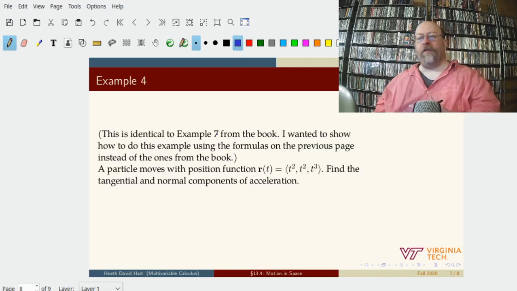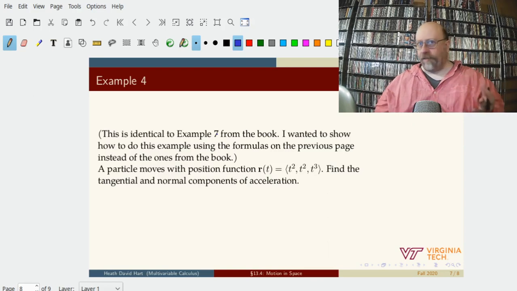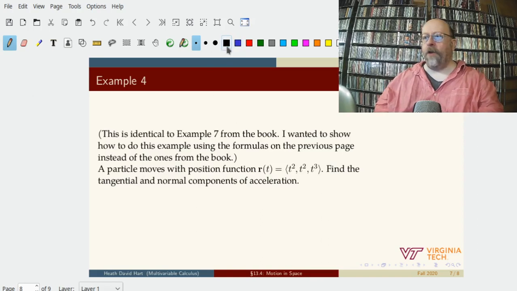And I want to just do the same example using this different set of formulas, just so that you can see that you get the same answers. So this is absolutely identical to an example that's in the book, but we're going to work it out in a different way. We have a particle that moves with this position vector, and we want to calculate the tangential and the normal components of the acceleration.